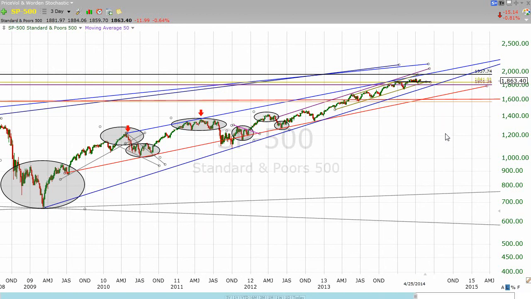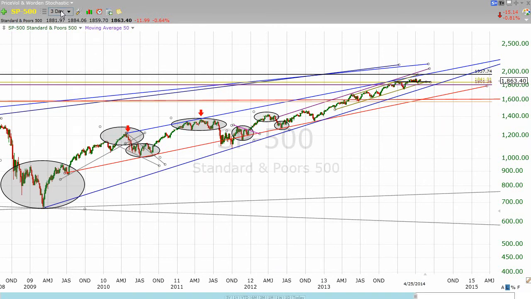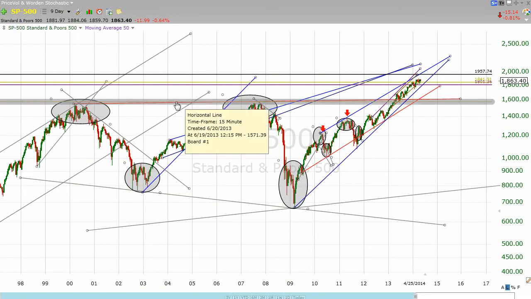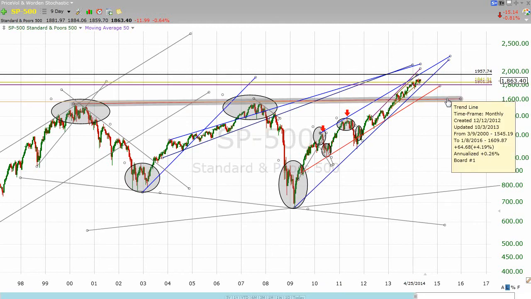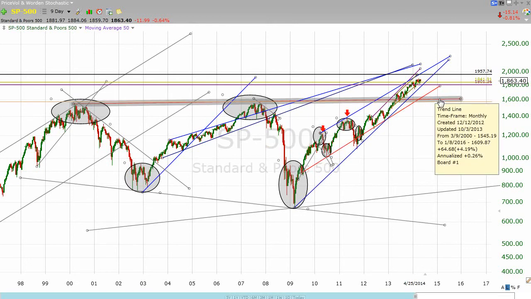By the way, that is also a line that is drawn over our, got to go to a 9-day chart. That is this line right here too. You can see I'm highlighting it right there. That is a line that is drawn over the last two major market tops. So if we were to come back to 1600 at some point, the interpretation of that could be a back test.